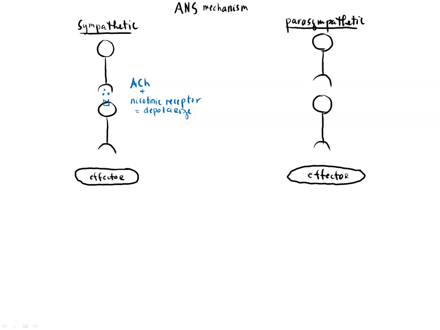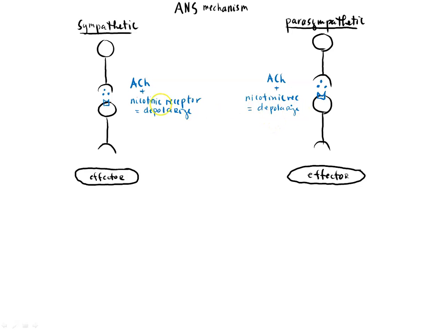All right? Now, let's do parasympathetic. Guess what it uses? Luckily for us, it also uses acetylcholine. And the receptor type is also the nicotinic receptor. REC is shorthand for receptor. Okay? What is the cellular response? Depolarize.